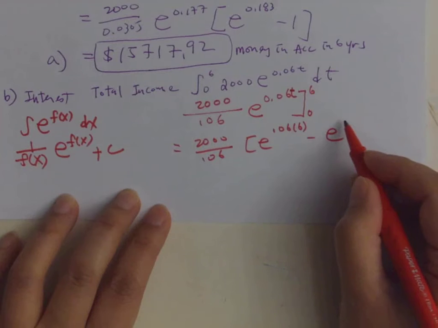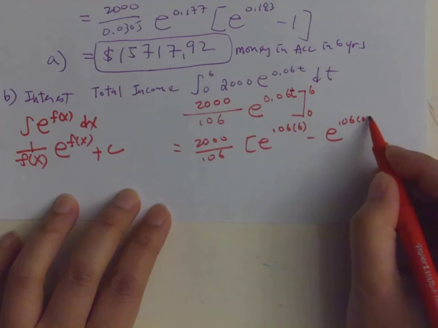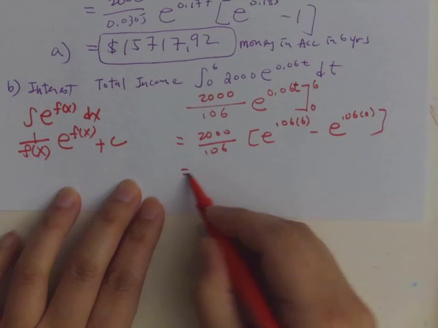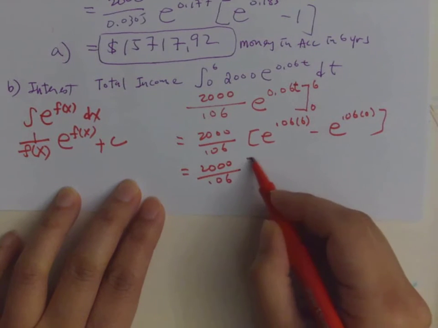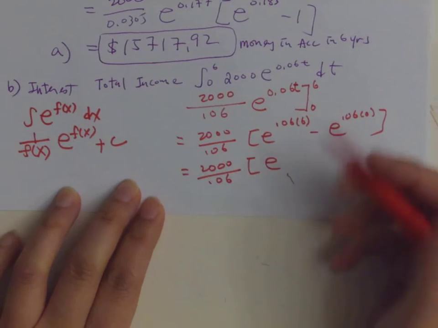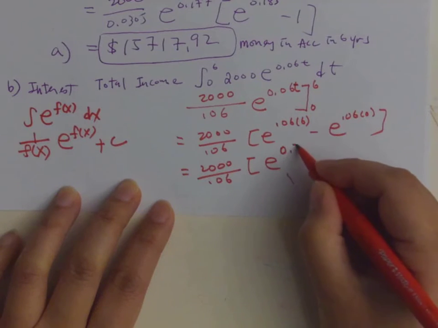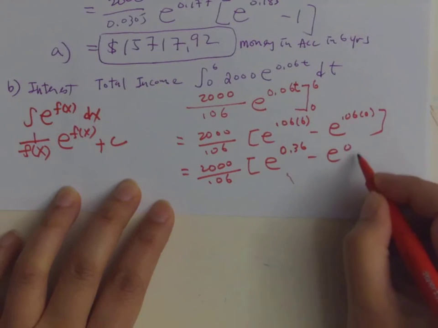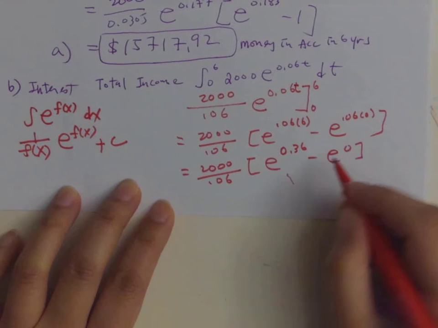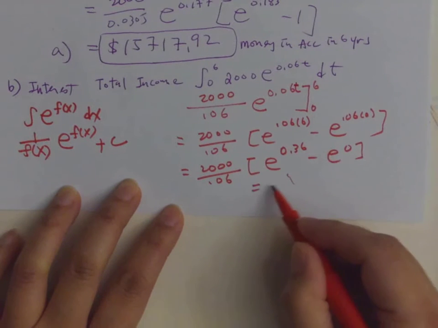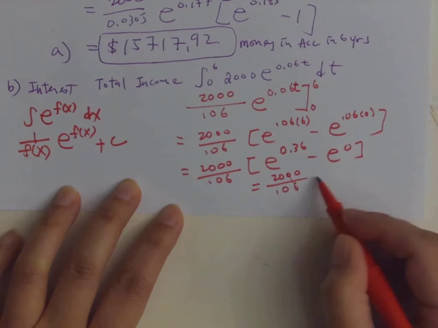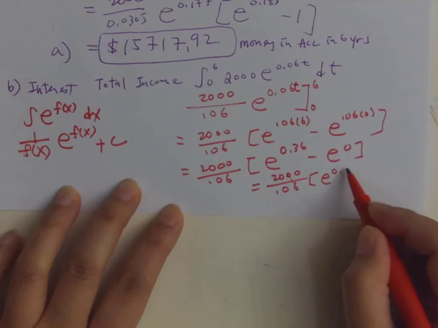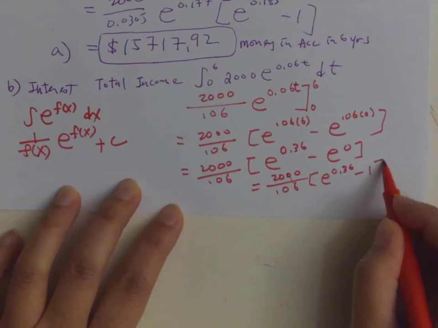So like 0.06 times 0, right? So 2000 divided by 0.06 times e raised to 0.36 minus e raised to 0, which is 1. So you can use the calculator for this part: e^0.36 minus 1.